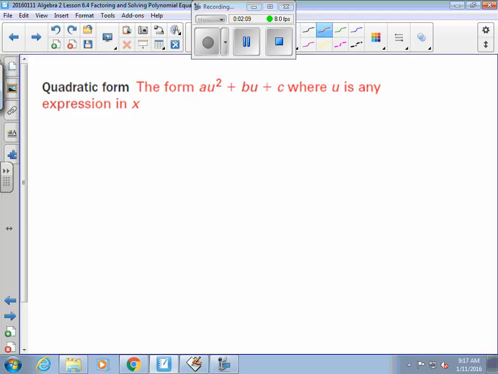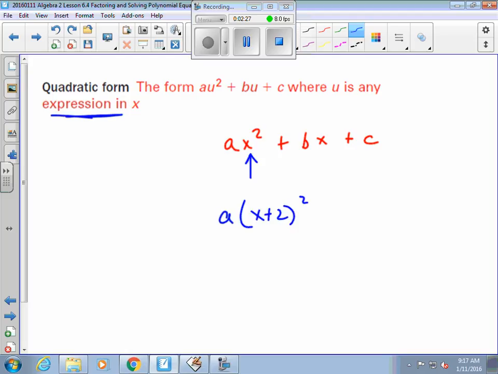Instead of simply being ax squared plus bx plus c, this u value is now an expression in x. So it might be something like a times x plus 2 squared. That's the difference. It'll still follow the same order. It'll still be squared, then to the first degree, then to no degree at all.